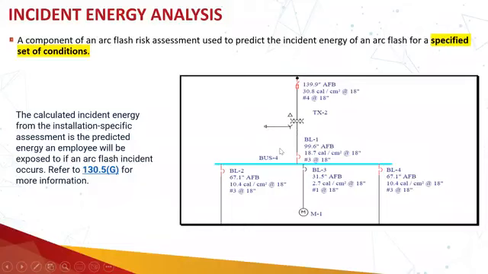So basically, we will be analyzing our network with different sets of conditions, and predicting what the incident energy will be for different combinations. Maybe we are operating our system at full load, no load, half load, etc. The maximum amount of incident energy which will be available in our system, that we will use for labeling purposes, not the minimum one, and we will not use multiple labels.